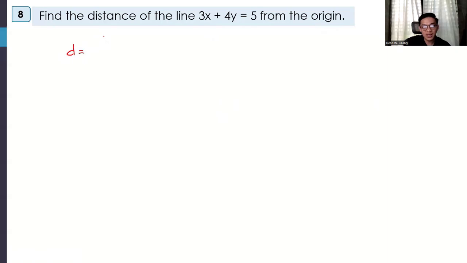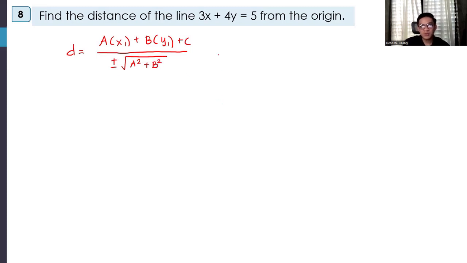That is equivalent to a x sub 1 plus b multiplied by y sub 1 plus c divided by plus or minus, positive or negative, square root of a squared plus b squared. So, let's set it, class. Take note that our a, b, c will be obtained from ax plus by plus c is equivalent to 0.